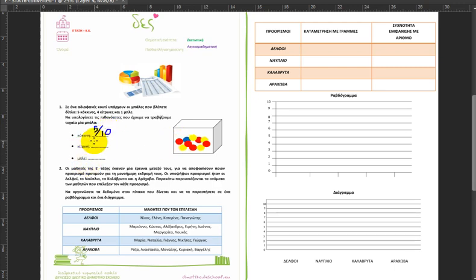Yellow is 4 out of 10. And then blue is 1 out of 10. Okay, let's move on.